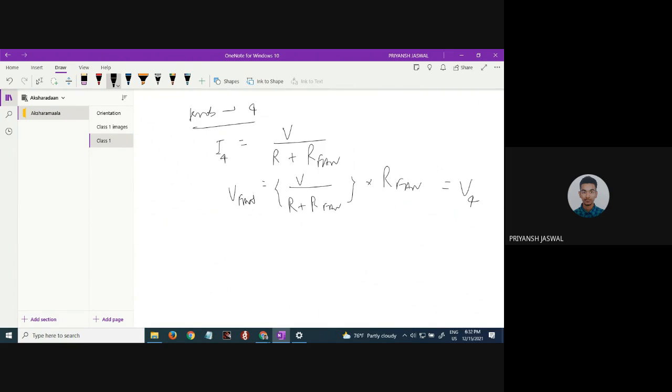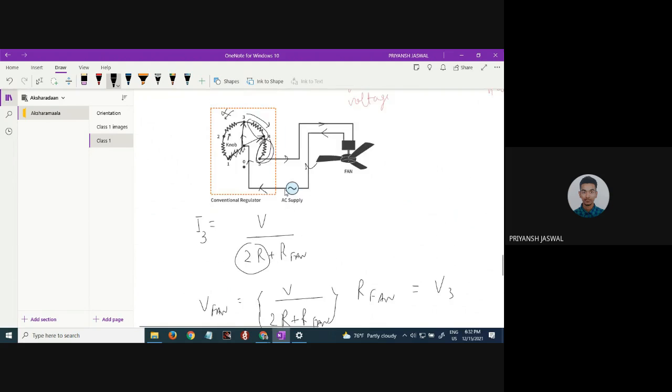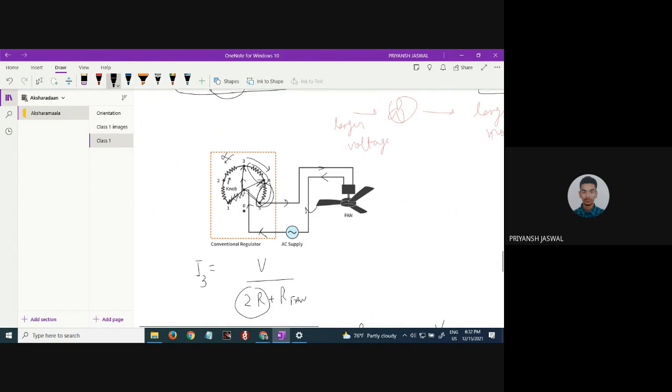and consequently V1. And similarly for the knob being at 5, there is no resistance from the regulator.